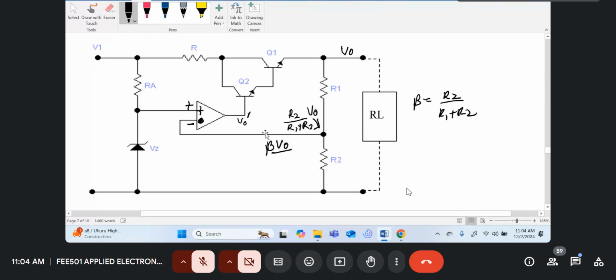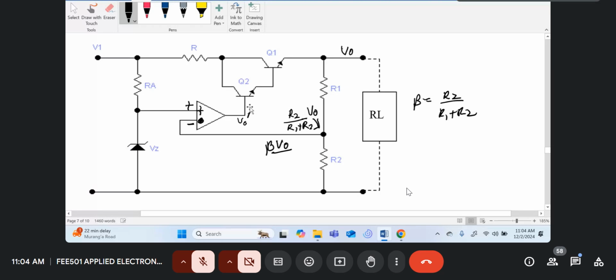Okay, so let's analyze this circuit. If our output voltage is V naught, the voltage at this point will be beta V naught. Beta V naught goes to the minus terminal of our error amplifier, and Vz goes to the positive terminal, and therefore V naught dash.